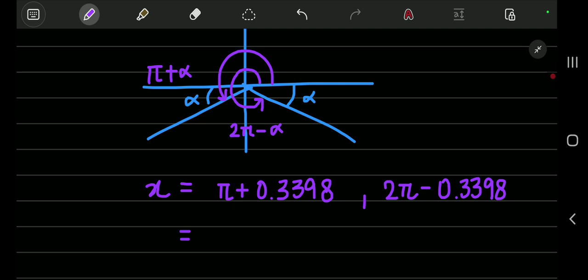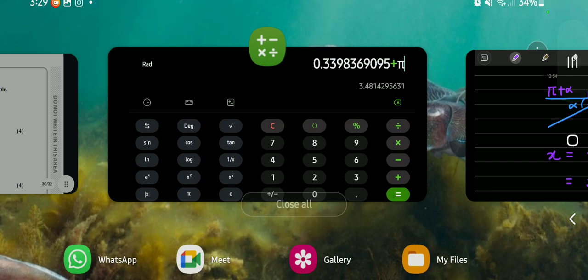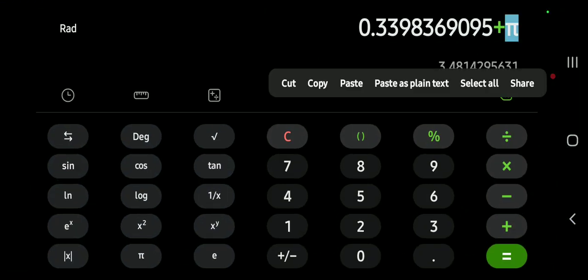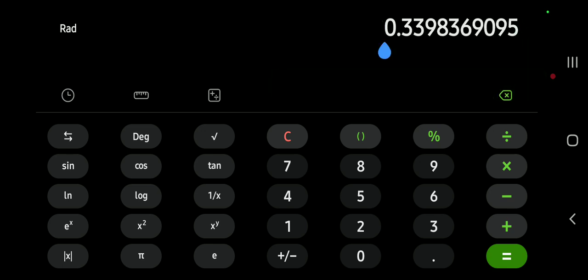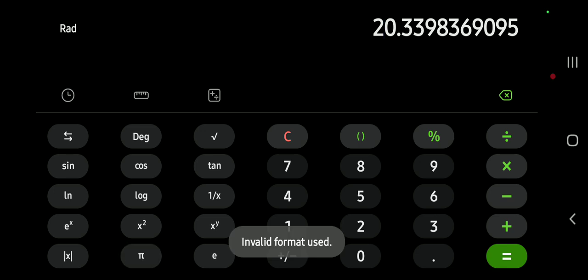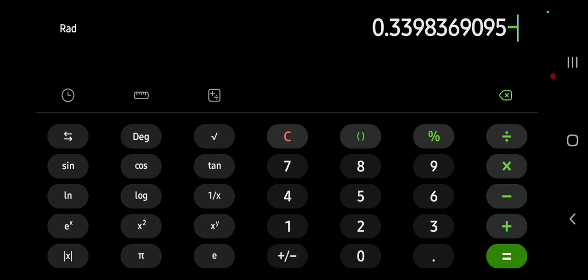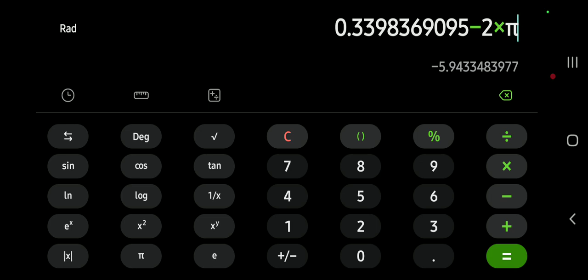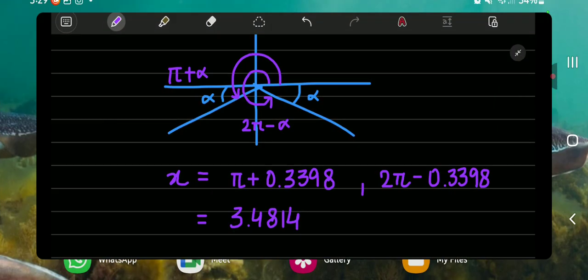So 3.4814 and 2 pi minus 0.3398 will give you 5.9433.